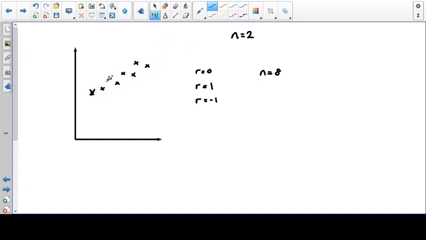If you have 8 points, then for those 8 points to lie roughly in a line is much more significant. There's much less chance of getting those points in a line. If you think those points could have just gone anywhere, for them to fall roughly in a line, then there's much more significance to that.